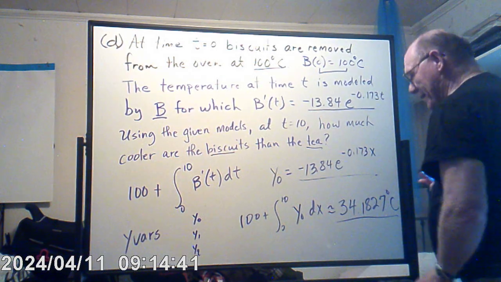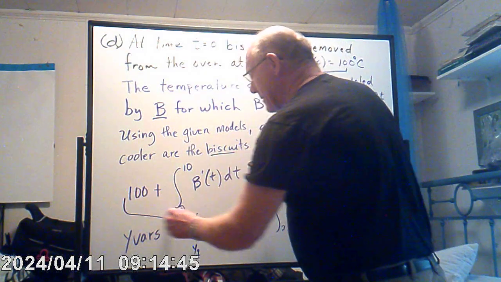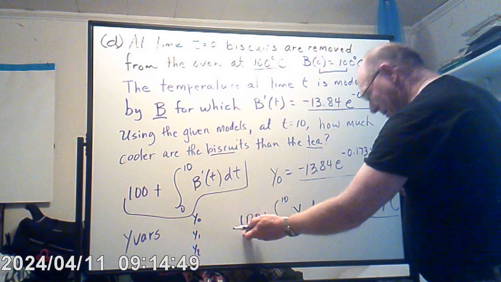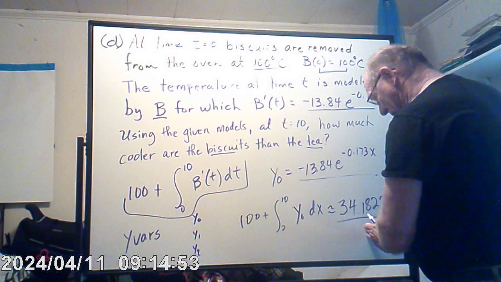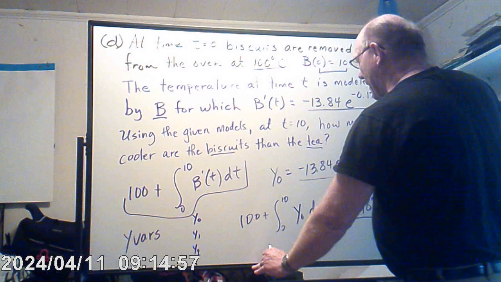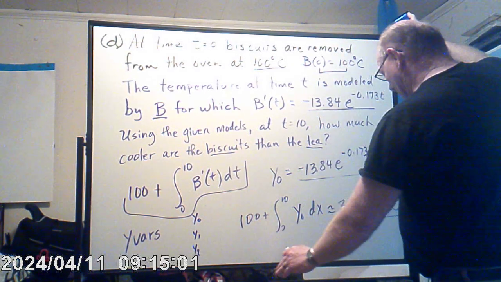Now, that's better, isn't it? This is how much it's cooled down from 100 degrees Celsius to now at t equals 10, 34.183. Alright, so now we go back to our table. 34.183.